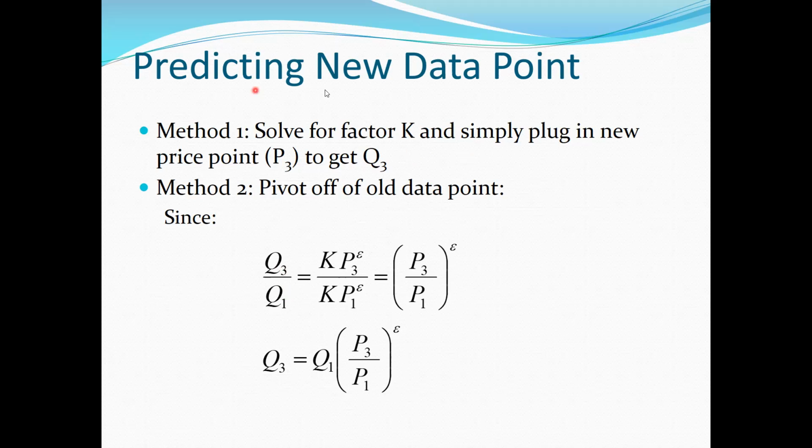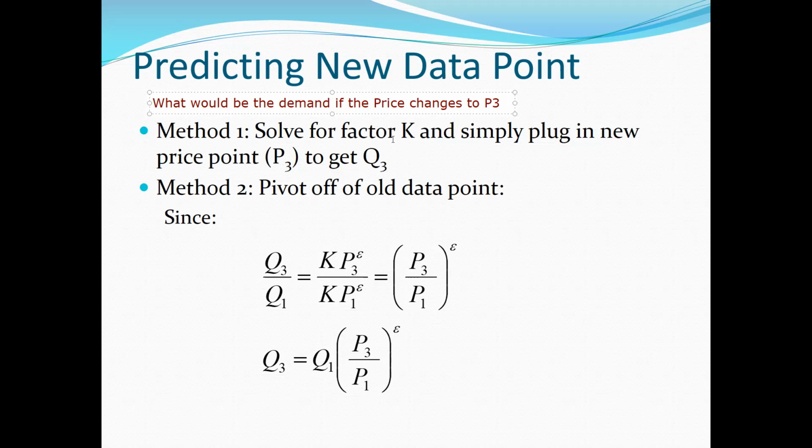When I say predicting the new data point, the problem I'm trying to solve is, what would be the demand if the price changes to P3? If you know that function, predicting the data points means what would be the demand if the price changes to P3?